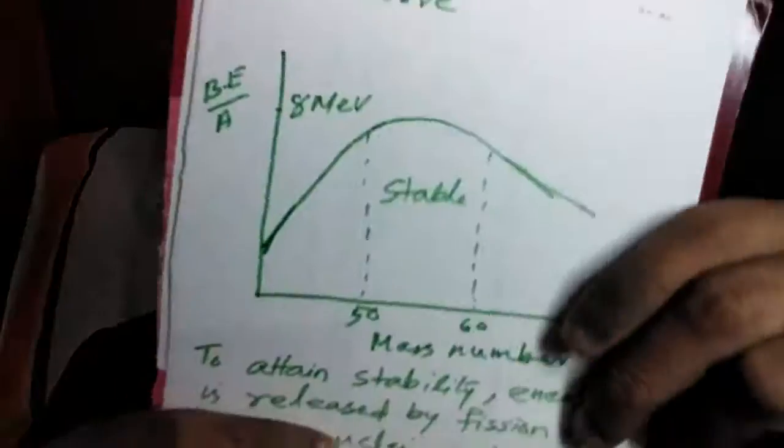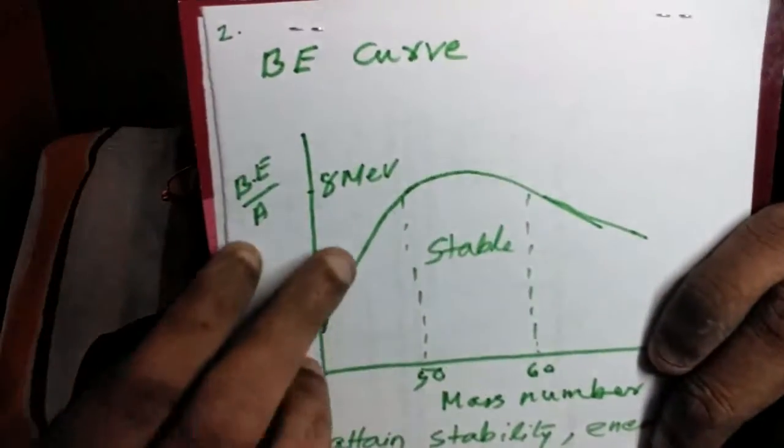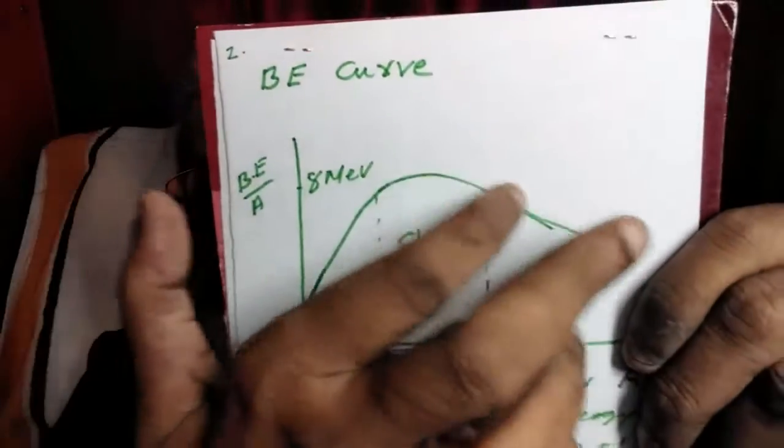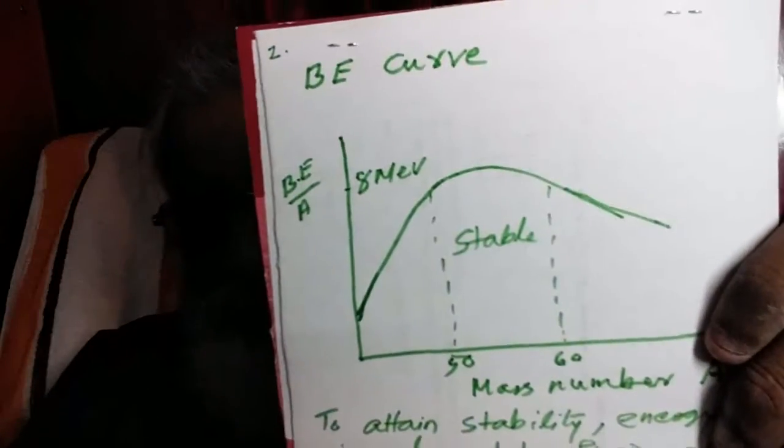More than 1,400 isotopes are known till today. Out of these, only about 20 or 25 atoms are stable. All other isotopes are unstable. So what is the implication of this particular shape?